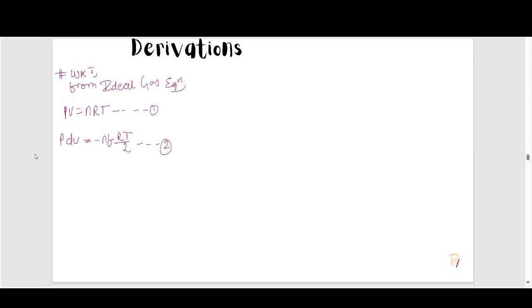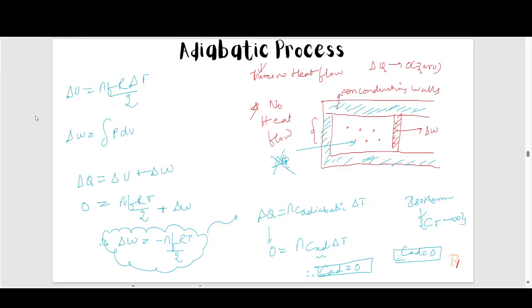Don't get confused here. I'm writing del W instead of this, simply from the previous slide. Here I'm giving this as PdV gives negative of nfRT upon 2.